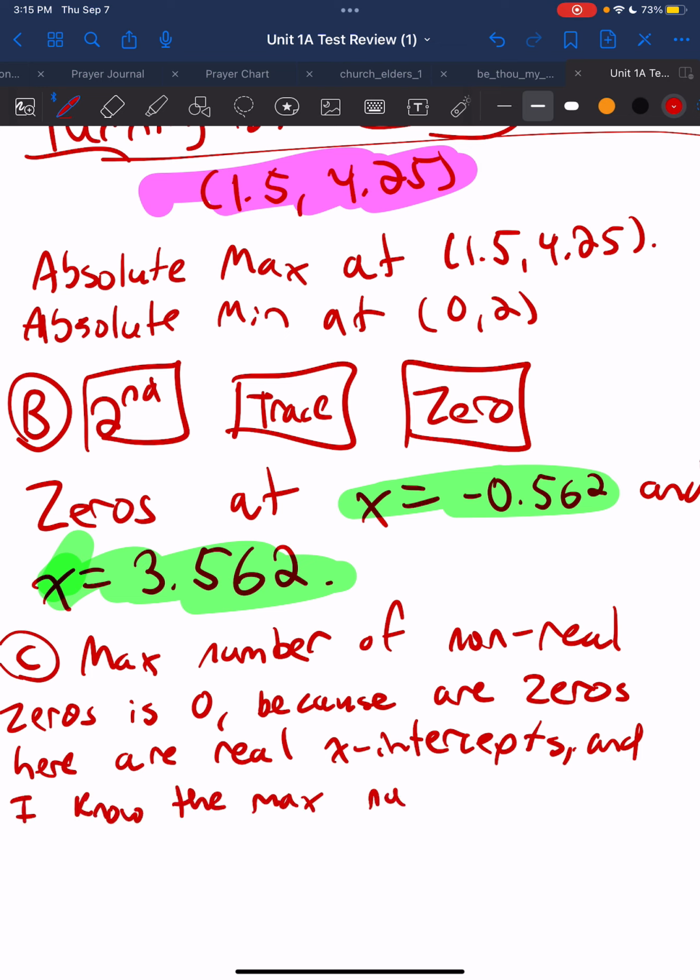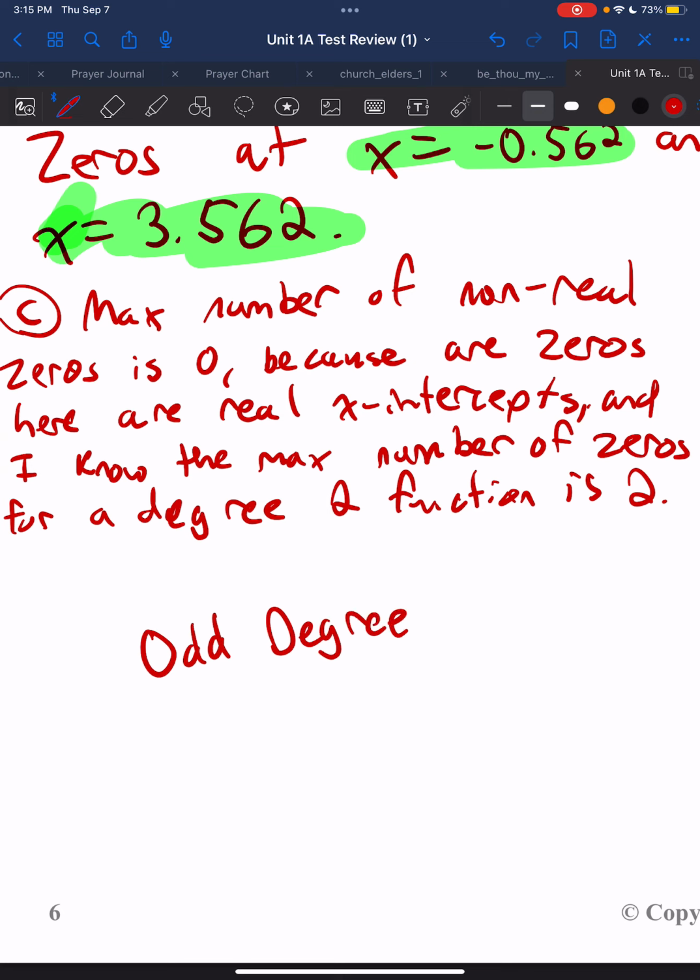So that's my answers. Just a hint on the test, you're going to be looking at an odd degree. Odd degree functions are going to have either 0 or pairs of complex zeros. Sorry, I'm mistaking myself. Imaginary numbers always come in conjugate pairs.